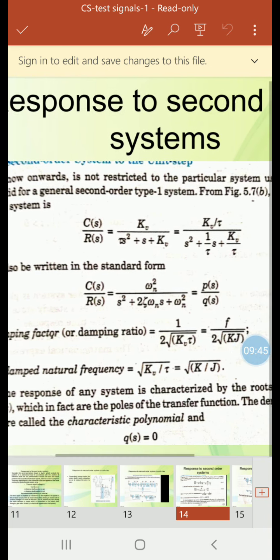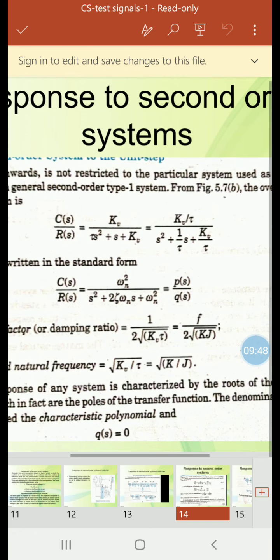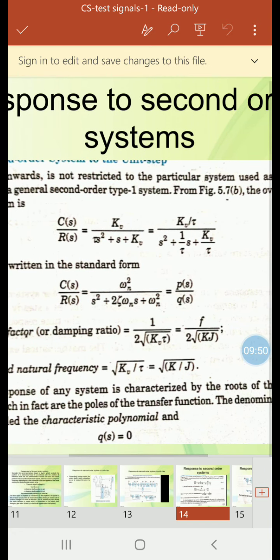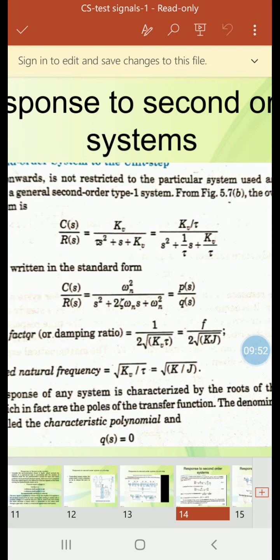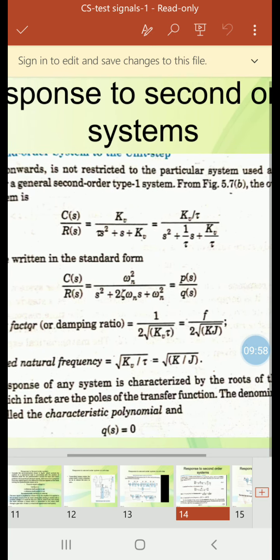It can also be written in standard form: C(s)/R(s) equals omega n square divided by s square plus 2 zeta omega n s plus omega n square.